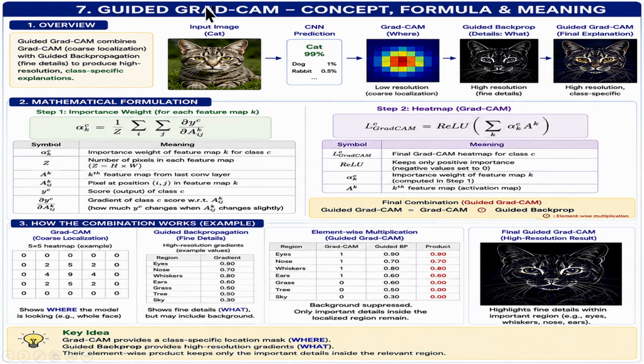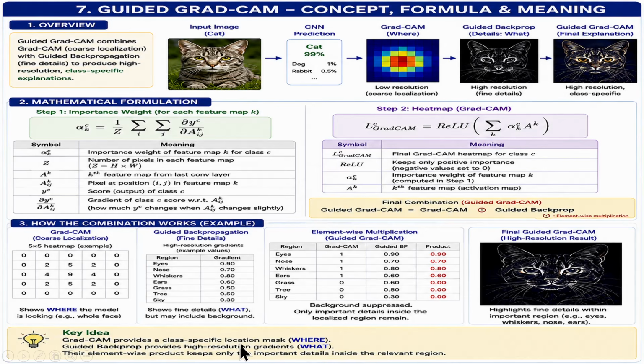Next method is guided GradCam. It combines GradCam with guided backpropagation. This is the formula. We obtain the gradients and we obtain the heat map, and here our idea is that we should pass only the positive gradients.